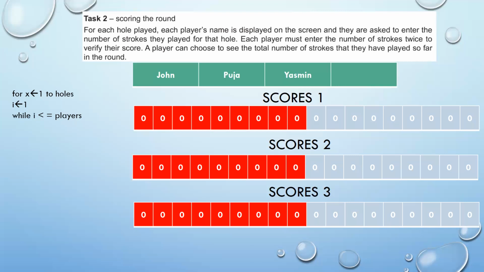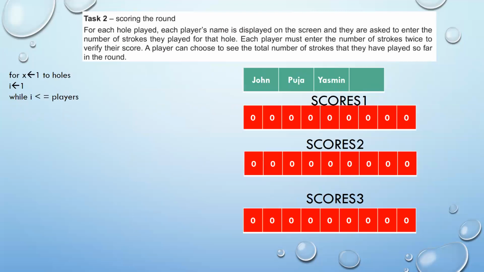So the outer loop will work 9 times and the while loop, the inner loop, will work 3 times. So 9 multiplied by 3 gives you 27. So overall, it will work 27 times and then we'll have the 27 scores for all the players. Now the assumption, the names are on your screen, John, Pooja and Yasmin.